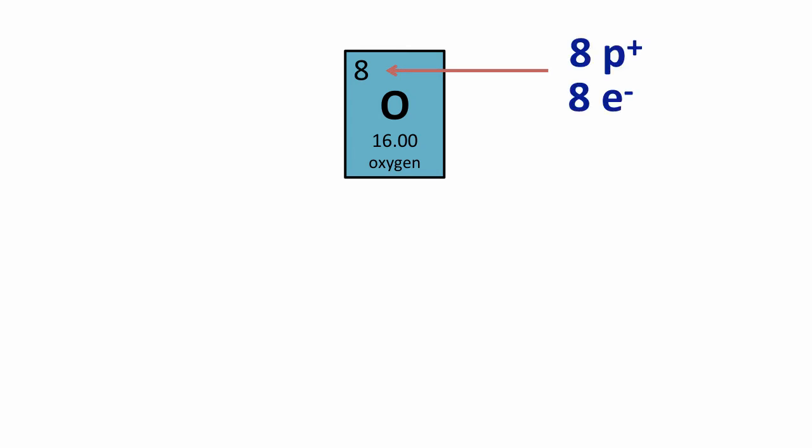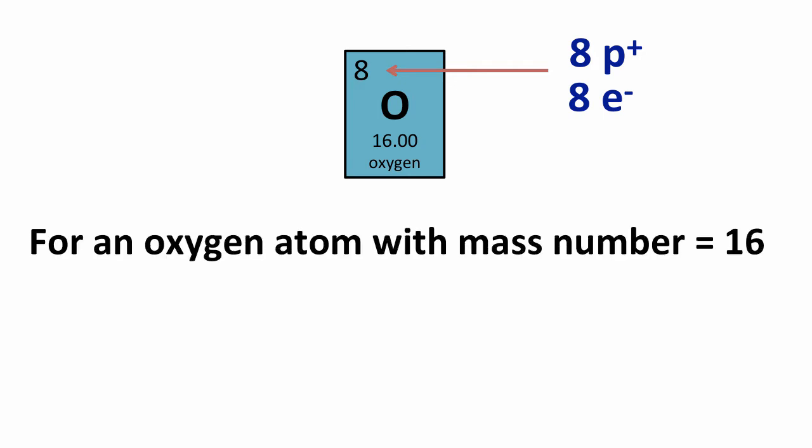So for oxygen, it's always going to have 8 protons, always going to have 8 electrons if it's an atom of that element. And for a particular type of oxygen atom that has a mass number of 16, by the way, we can represent that as O-16 for oxygen 16. We can also write it as O with a superscript to the left of 16 to represent the mass number, and then 8 as a left-hand subscript.